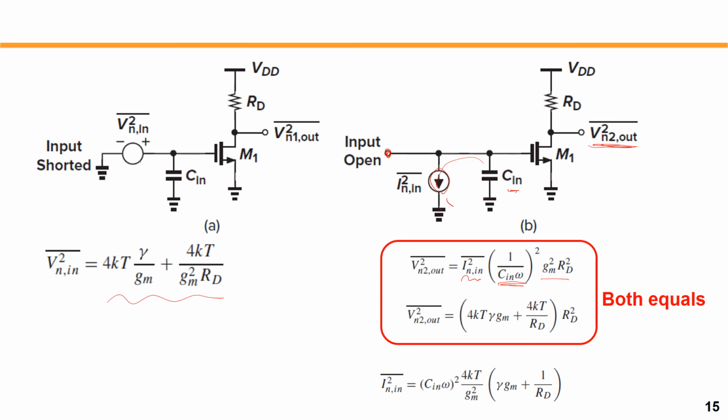So now we will get the overall output, (gamma GM plus 1/RD), and RD square. This is the output noise voltage based on the input reference noise current. Now we can also find this output noise voltage a different way, by having just the circuit equivalent, making this one open like this.